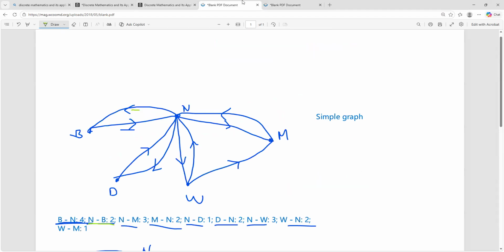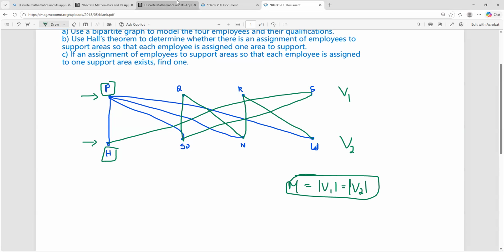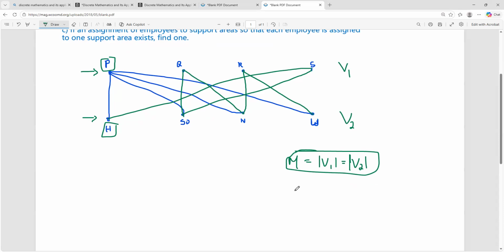If V1 isn't equal to V2, then the maximum matching is always going to be at most the minimum of the both, so it is less than or equal to the minimum of V1, V2. Okay?